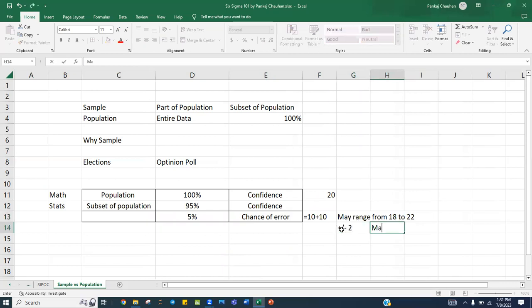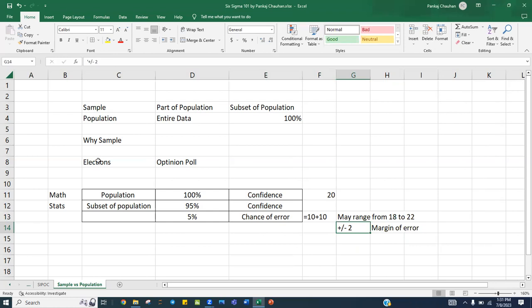This plus or minus 2 is the margin of error, or the chance of error that you are making. You are confident that 10 plus 10 is 20, but it may range, because you are not checking 100% of the population. So it may range by plus or minus 2.